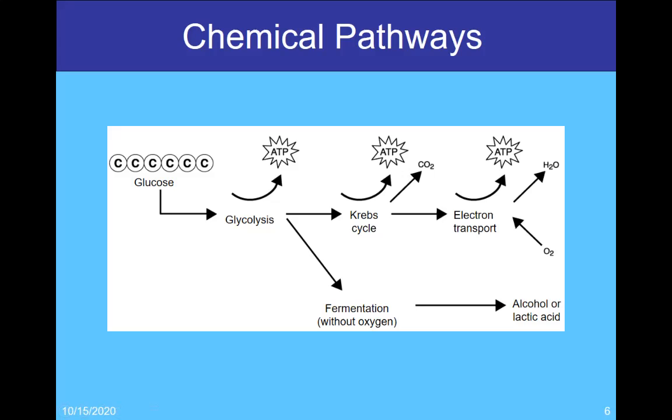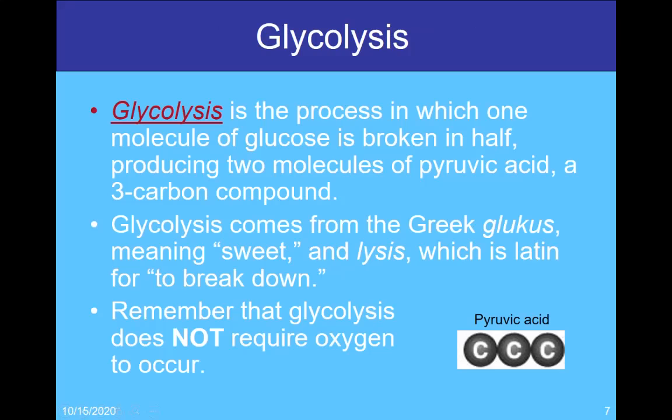So let's go ahead and start out with this first stage, which is glycolysis. Glycolysis is the process in which one molecule of glucose is broken in half, snap. Okay? This is going to produce 2 molecules of pyruvic acid, which is a 3-carbon compound. Now, it's a little more complicated than simply just breaking it in half. Remember, this is a ring when we think about glucose.